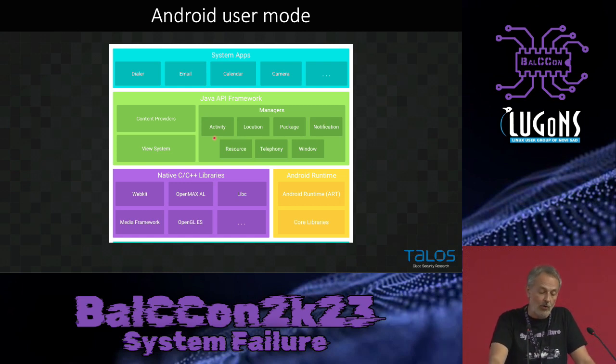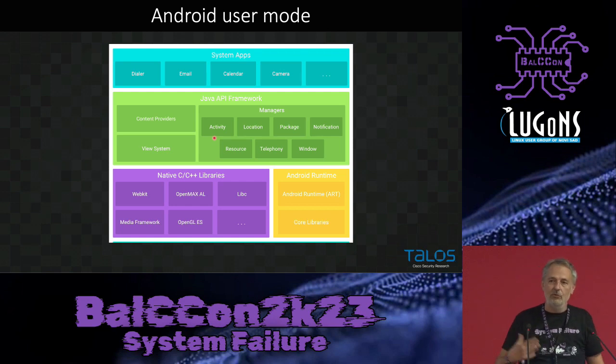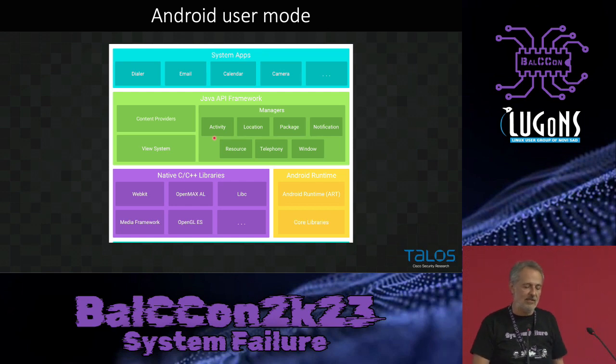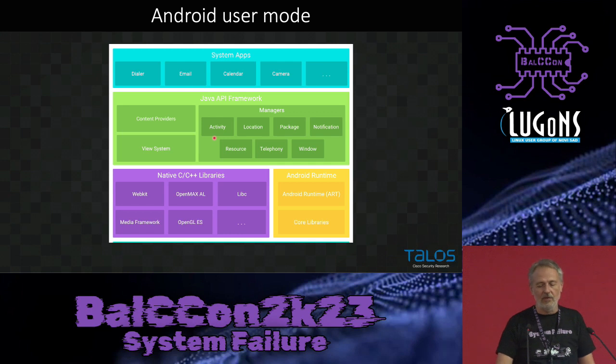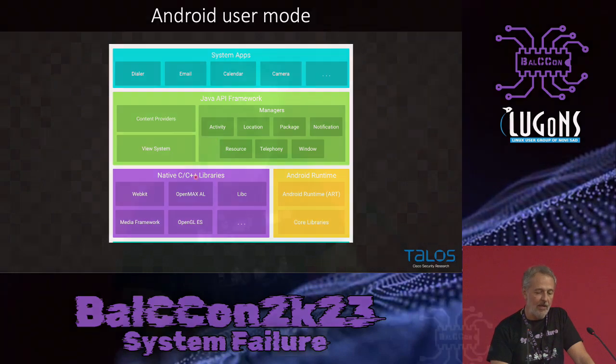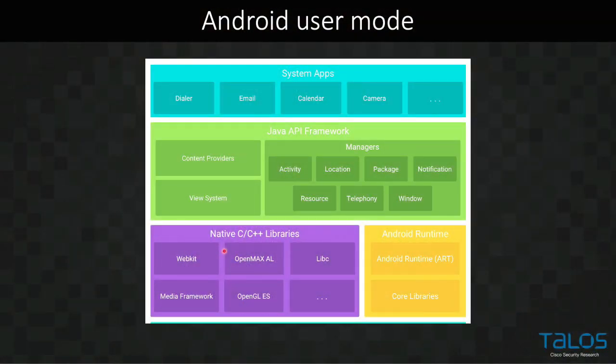set of classes and objects that allows you to create a user interface, communicate with the system, with the file system, with networking and so on. Everything that's required to expose normal functionality of the operating system. Just below there, still in user mode, we have native C++ libraries and runtime. At the time when I was doing the analysis, the virtual machine was called Dalvik virtual machine.